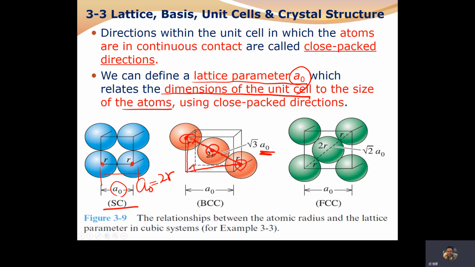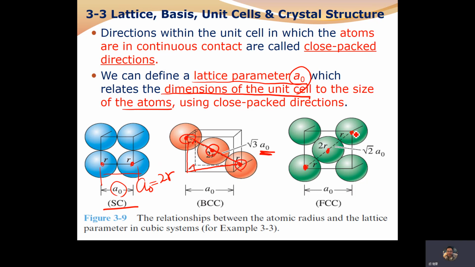And for the face center, which direction has the highest number of atoms? Here, right? From this corner to this corner, passing through the face center.